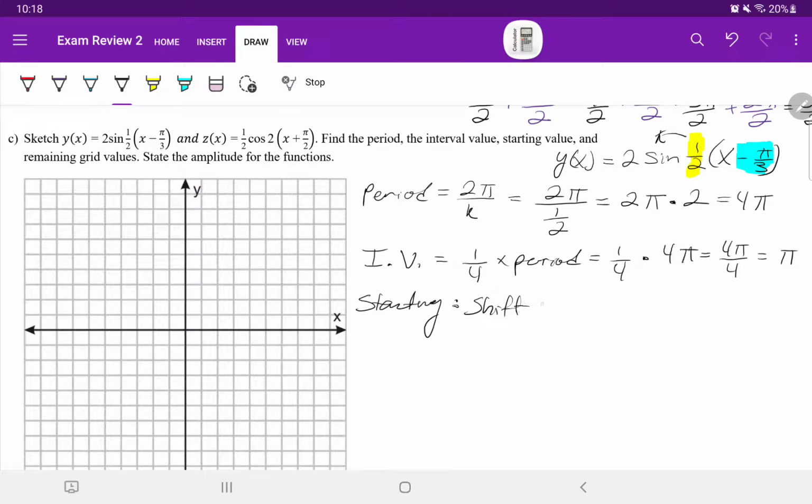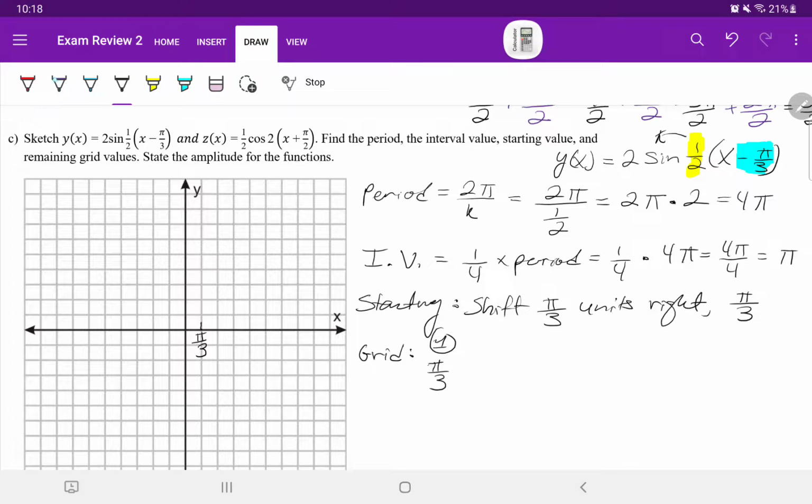So we're going to shift pi over 3 units to the right, which means the starting value is going to be pi over 3. I want to find the remaining grid values. The first one is positive pi over 3. So I'm going to put that right here on my coordinate plane.